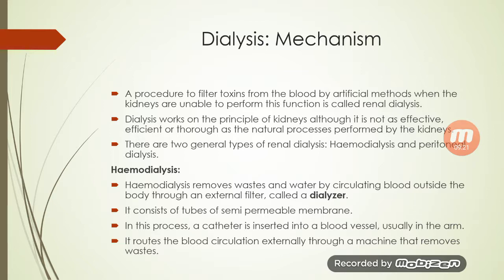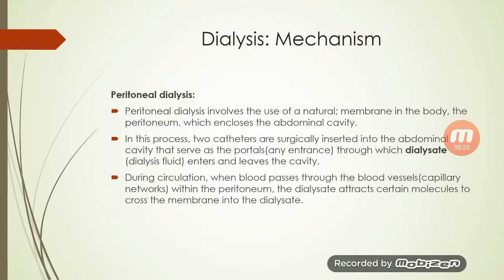Another type of dialysis is peritoneal dialysis. It works on the same principle, except that the abdomen has a peritoneal cavity lined by a thin epithelium called the peritoneum, which encloses the abdominal cavity.